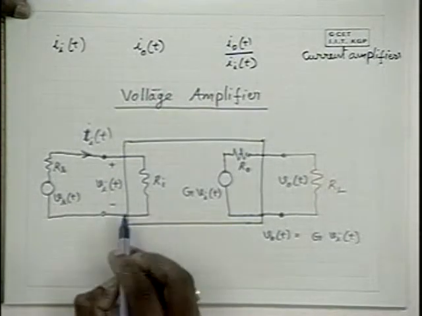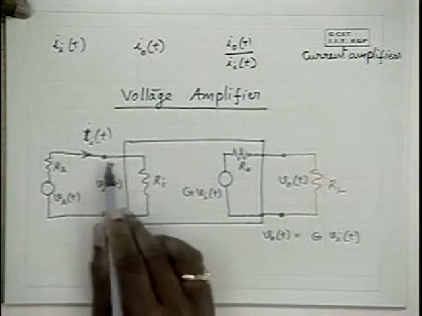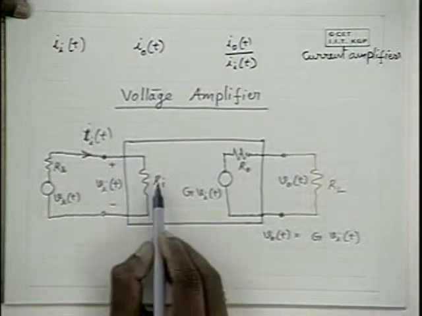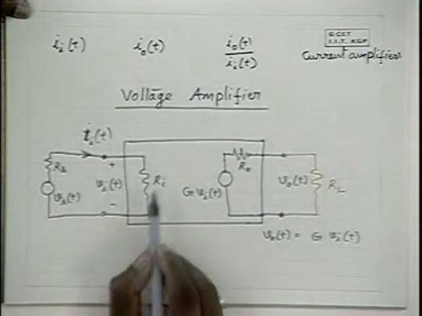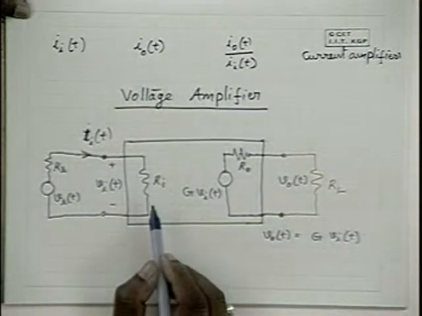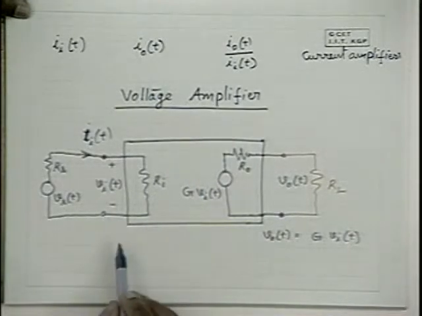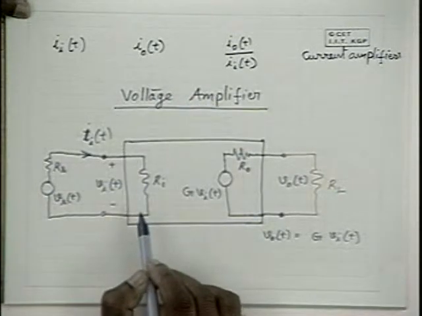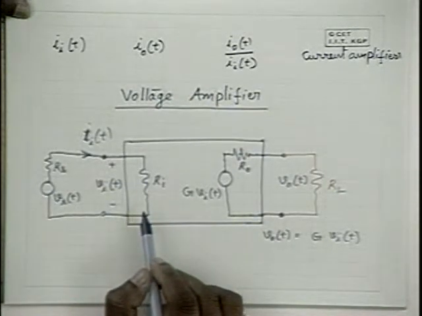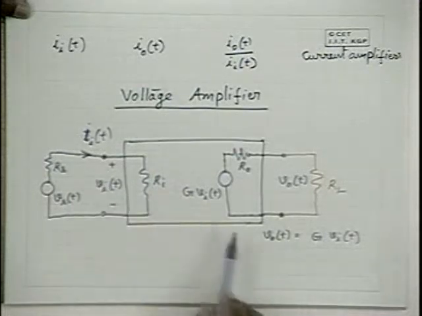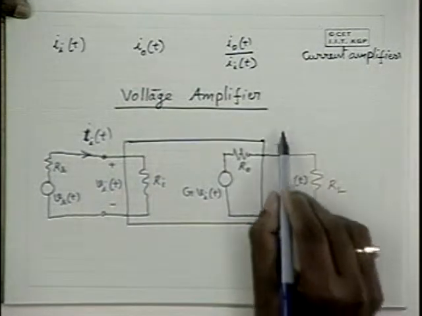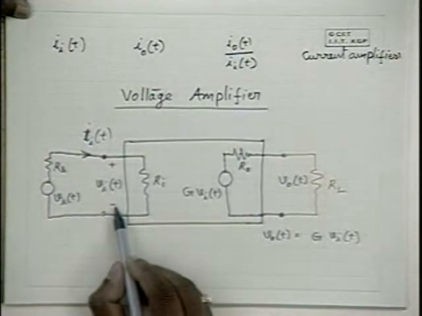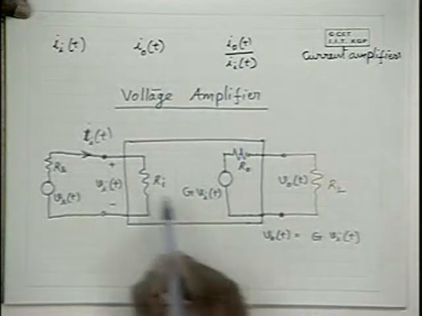Hence, the amplifier's input side can be modeled as a resistance indicated by R_i, where i indicates the input side. An amplifier typically exhibits some input impedance R_i, and it exhibits some open circuit voltage gain G. That means given the input voltage, the output voltage will be G times that input voltage.